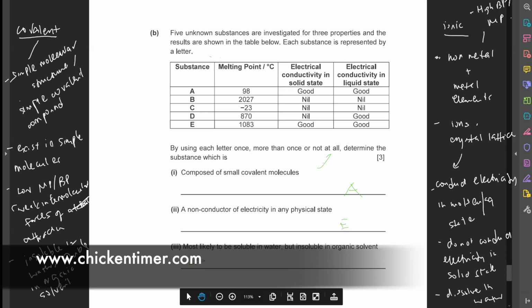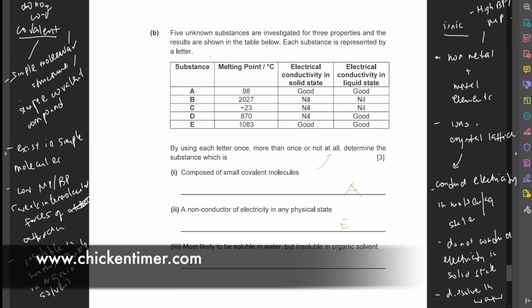They do not conduct electricity. Okay, something like that. That is what I can remember.